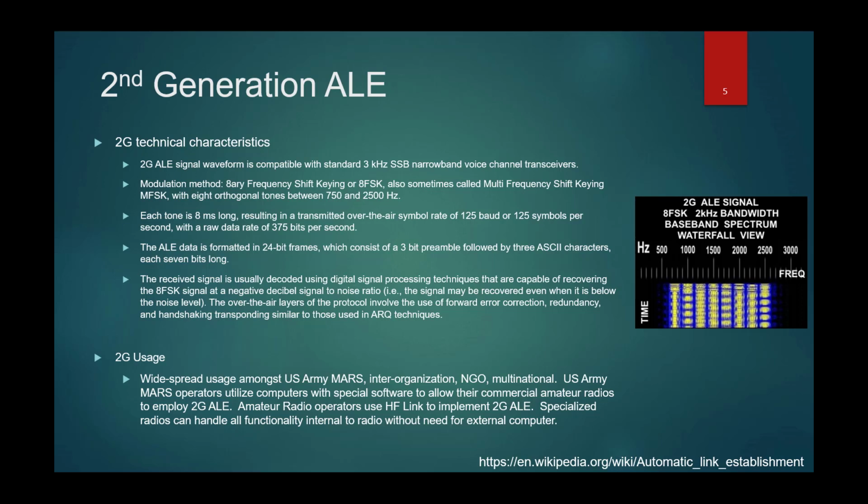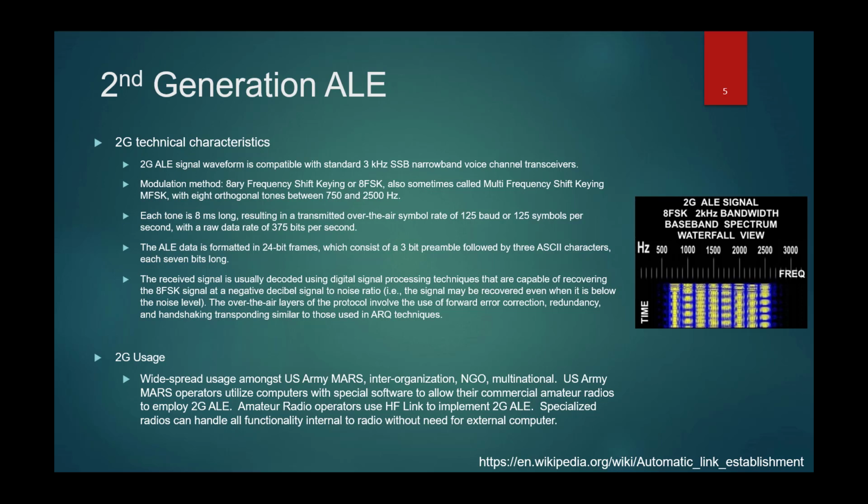Within that, you actually see within those boundaries a roughly 2 kilohertz bandwidth 2G waveform, and it is made up of what we call 8-ary frequency shift keying, 8FSK, or also just called multi-frequency shift keying. It uses 8 orthogonal tones found between 750 and 2500 Hertz. You can see those clearly visible to your right.